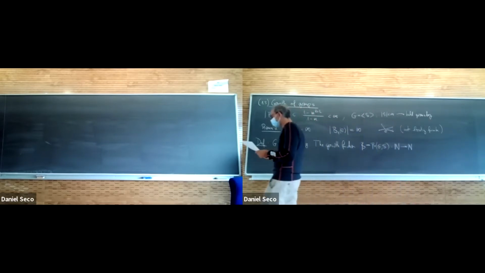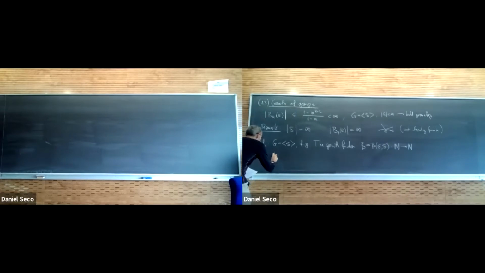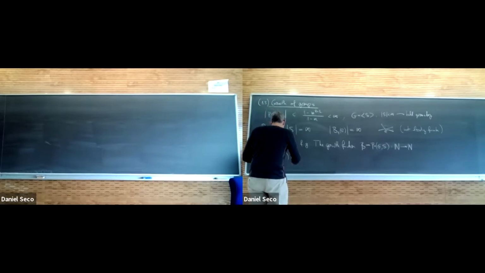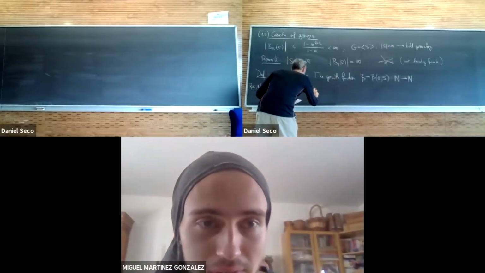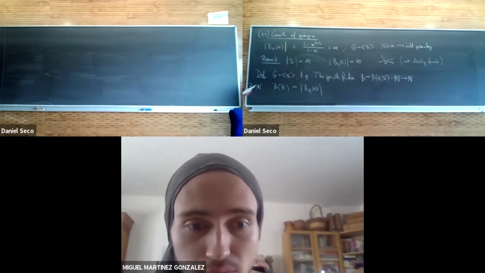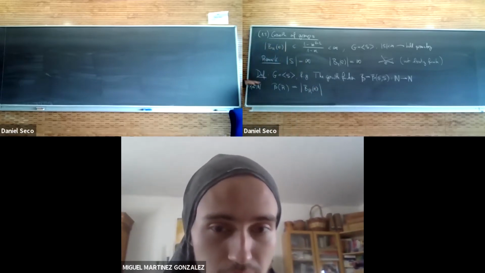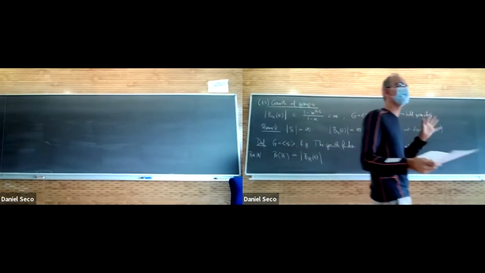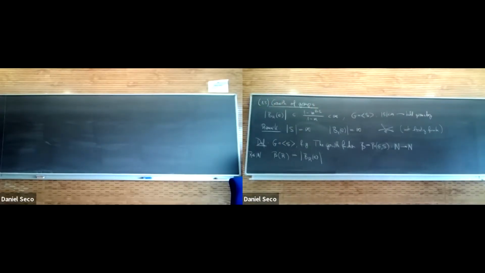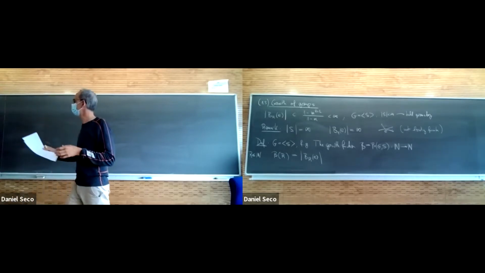And how is it defined? So beta of r, take r a number. Beta of r is just the cardinality of this ball. And the interesting question, which helps to classify groups, is to look at the asymptotic behavior of this function.